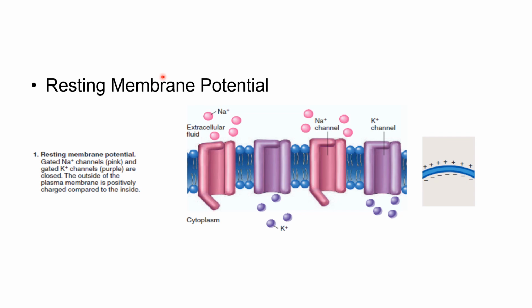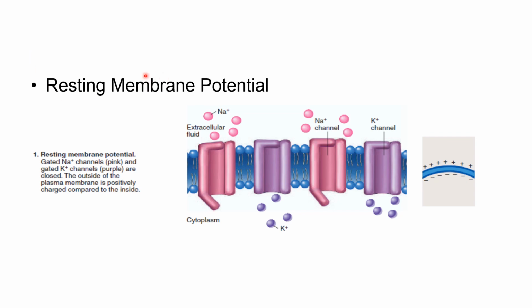We saw that calcium is more concentrated outside, making outside more positive. But the real difference is made by the presence of proteins, DNA and RNA inside the cell, making it more negative from inside. So we have to remember that at resting membrane potential, the inside of the membrane is more negative and the outside is more positive.